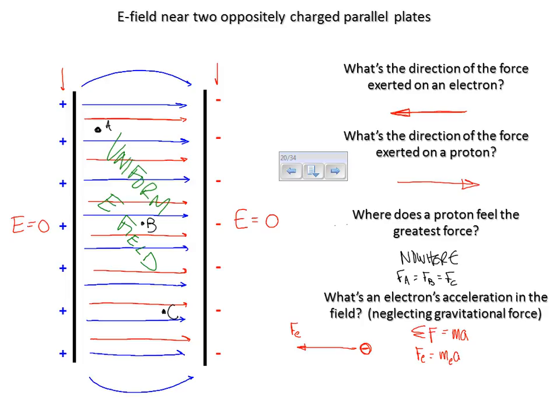Well, the force exerted by the field on the charge is charge times E. I'm going to rewrite that Q as e for elementary charge, so a equals e times the strength of the electric field divided by the mass of an electron. That's how fast it accelerates.